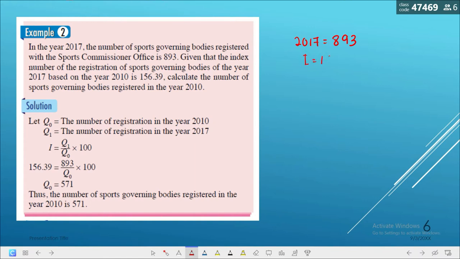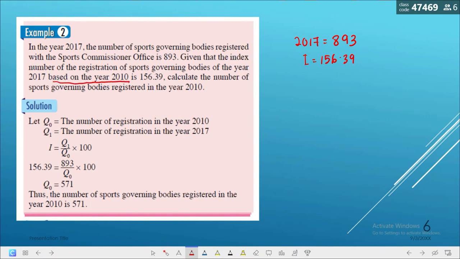So the index is 156.39. They ask you to calculate the number of sports governing bodies registered in the year 2010. So which one is the base, whether it's 2017 or 2010?